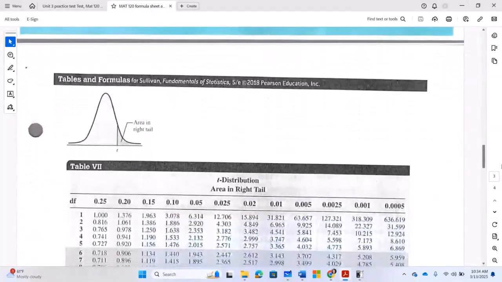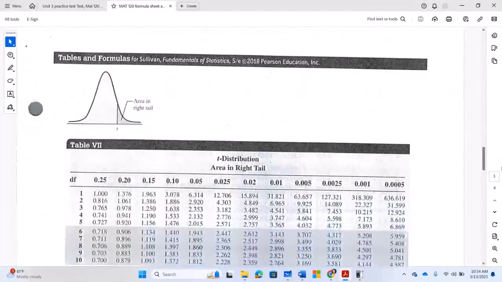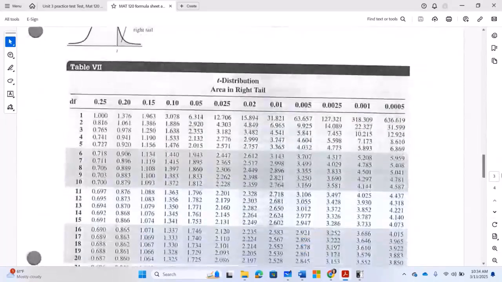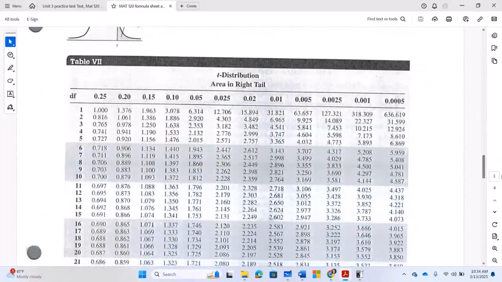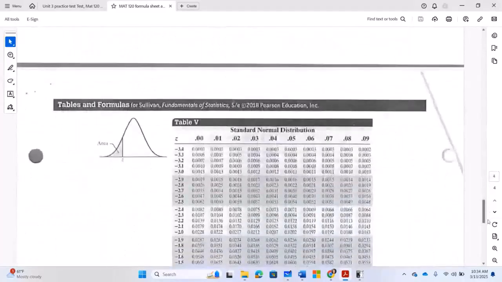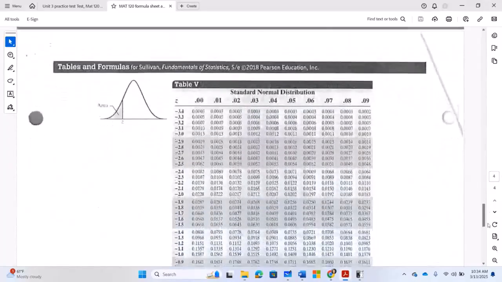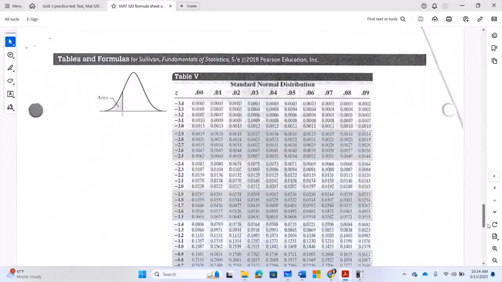Okay, so I'm looking for the chart now. There are so many charts. The first one is the T distribution. I'm not looking for the T distribution right now. We're going to look for it later on. I am going to the Z standard normal curve.